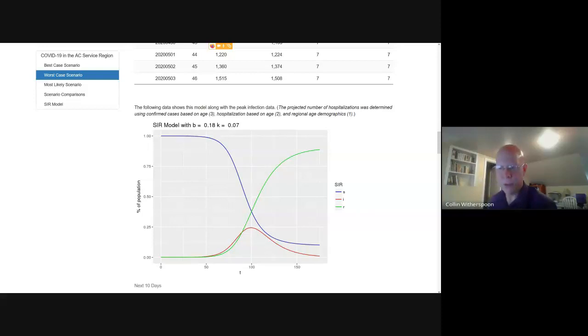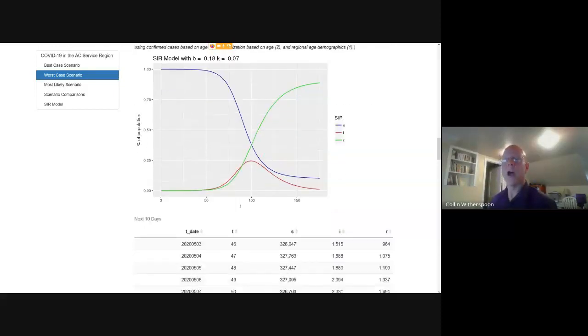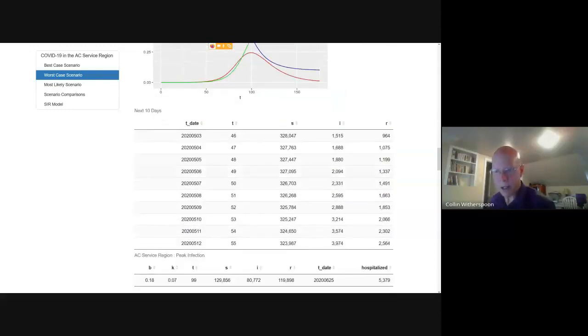So as you loosen social distancing parameters, you increase the probability that an infected person is going to run into a susceptible person. So the B will start to go up. So yes, that is a problem. And that will push the most likely scenario, but it's going to push the B closer to the worst case.